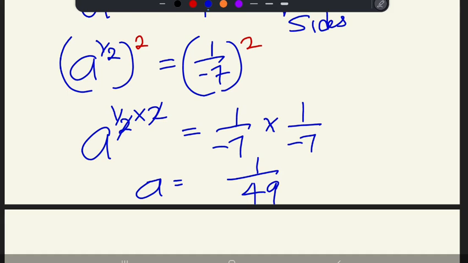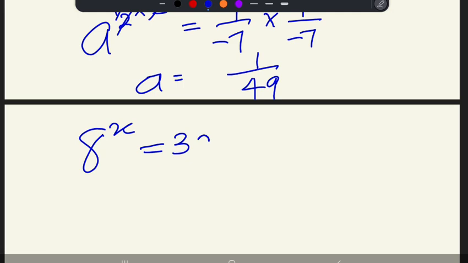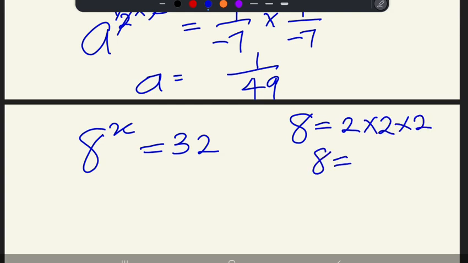Let's try to solve another one to have more idea about exponential equations and one of the laws. We have 8 raised to power x is equal to 32. The most important fact is this: the factors of it are 2 times 2 times 2, telling you that 8 is 2 raised to power 3, while 32 is 2 raised to power 5.